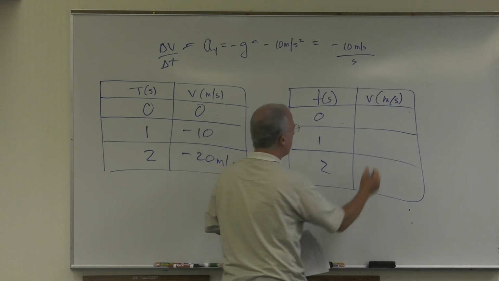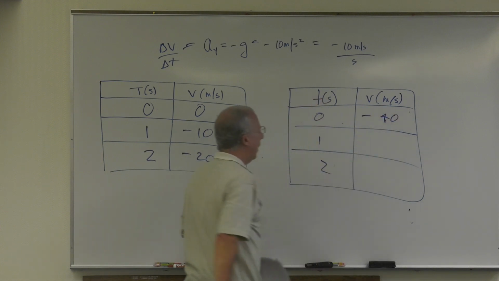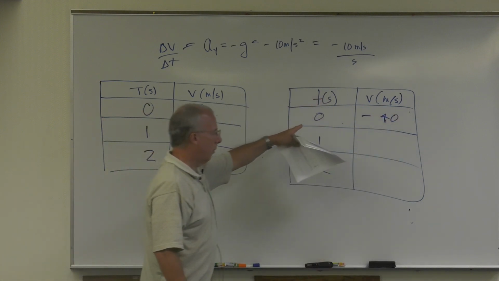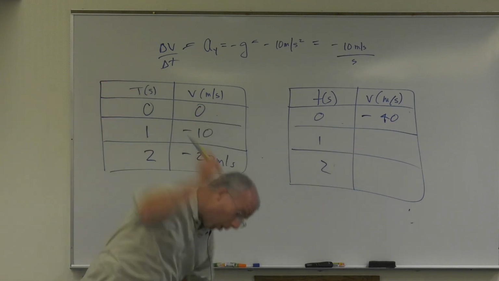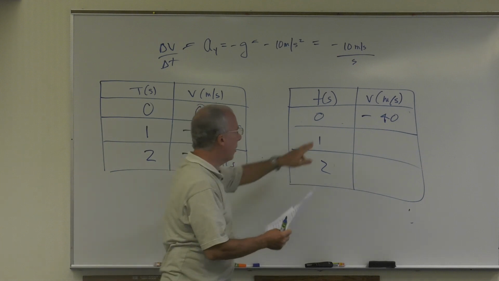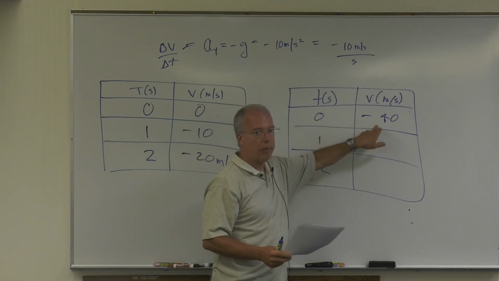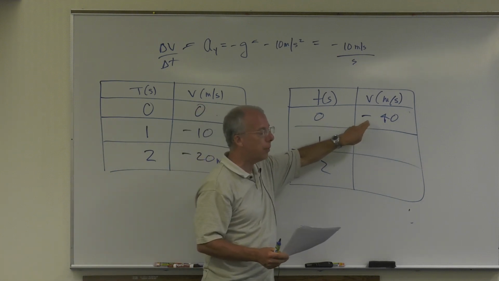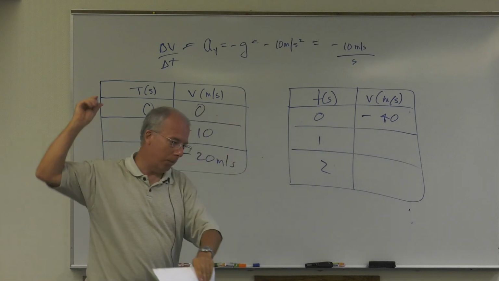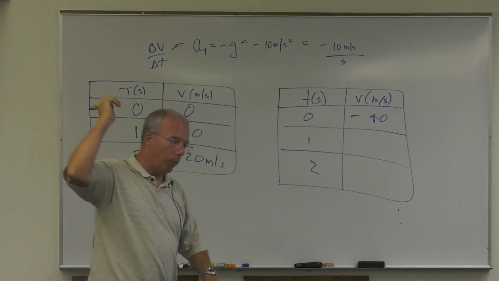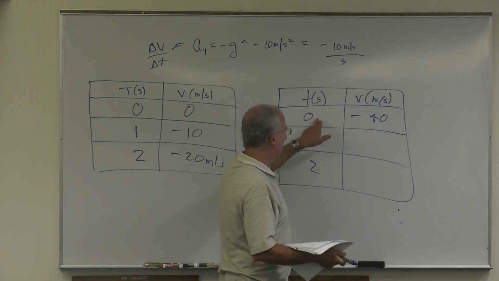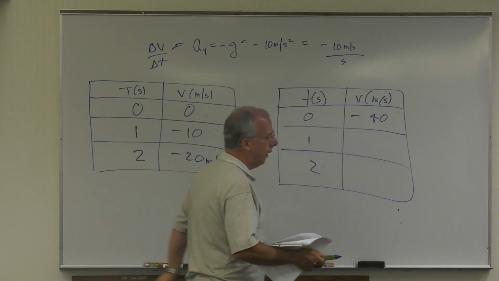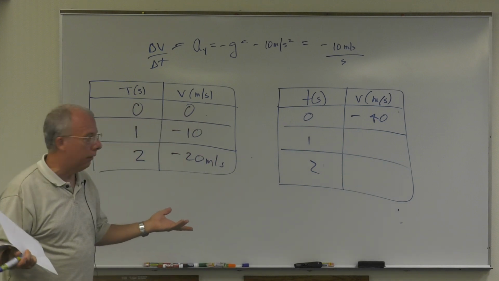When we start collecting data, when we click our stopwatch, right when we click it, the speed of this object is minus 40 meters per second. We let go, and it's going at minus 40 meters per second. After we let go, it's still free fall.